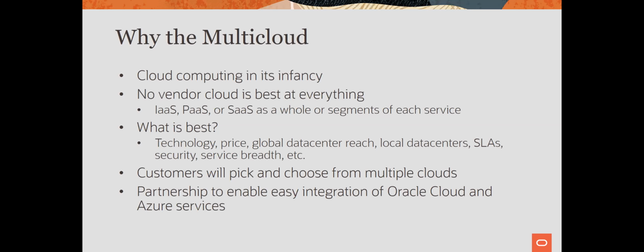There's infrastructure as a service, platform as a service, software as a service, and if you think about which companies dominate IaaS, PaaS, and SaaS, you also have to think about, within each of those segments, there's probably companies that are dominant within segments of infrastructure, segments of platform, segments of SaaS.